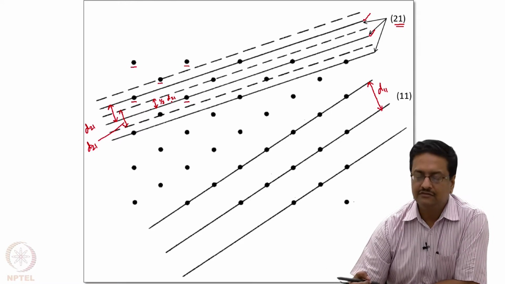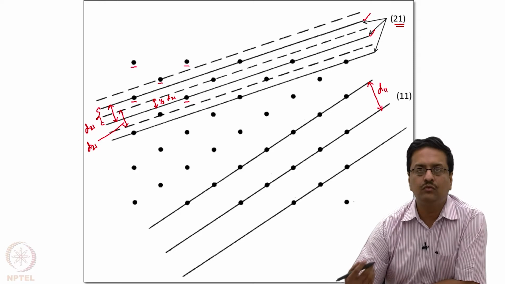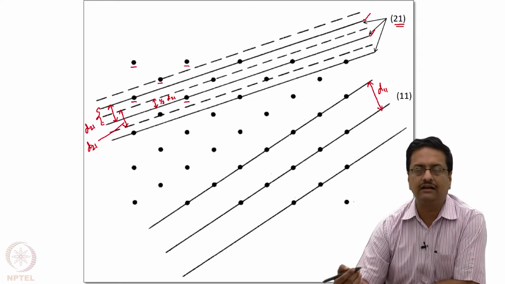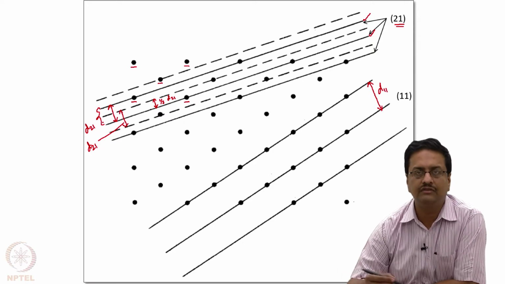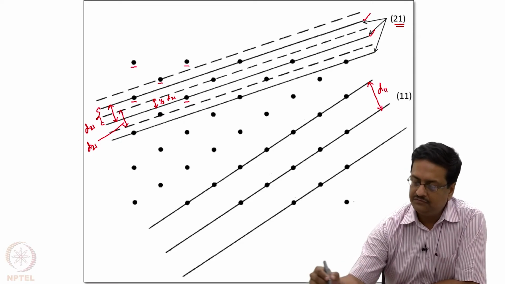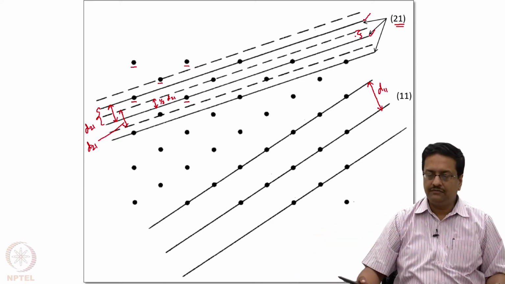What will happen? The planes at a distance d 2, 1 meet the Bragg condition of integral multiple of wavelength equal to the path difference, but then obviously this will not meet the diffraction condition.